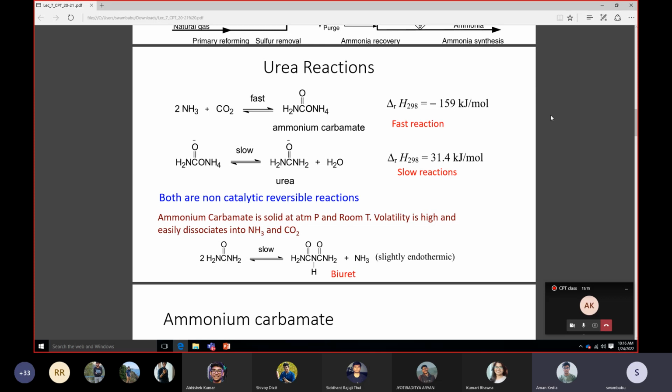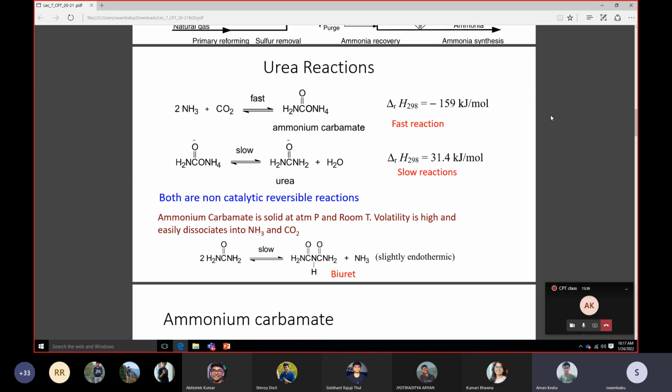So, in the last class, I explained that whenever we have an exothermic reaction, if it is a catalytic reaction, we need very high temperatures, like above 500 Kelvin.